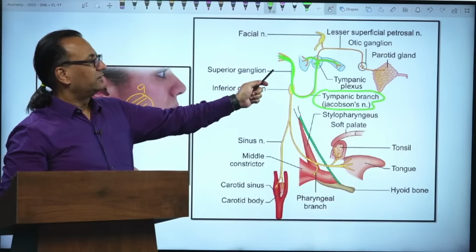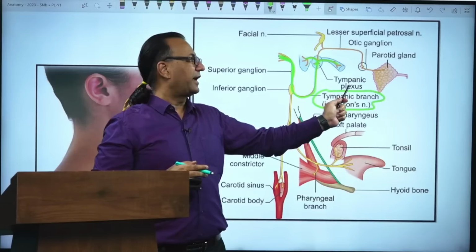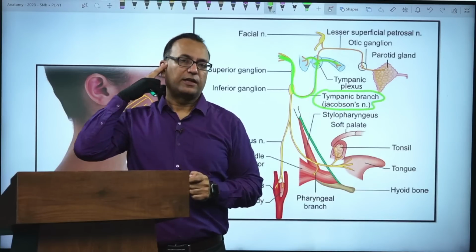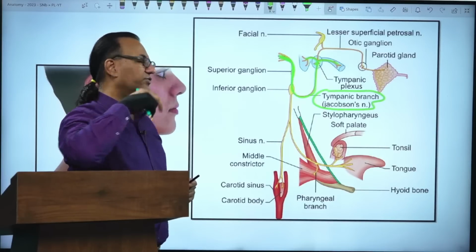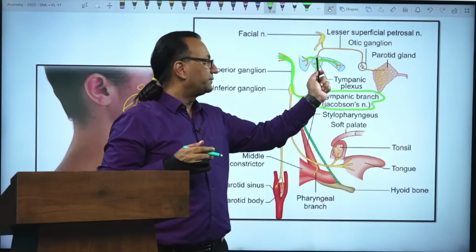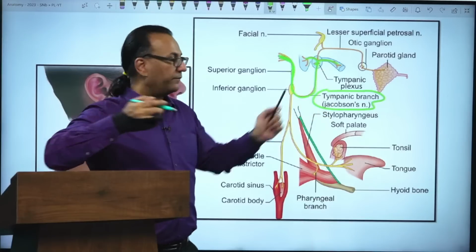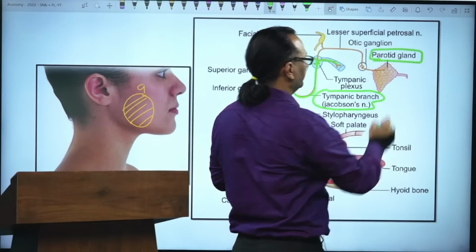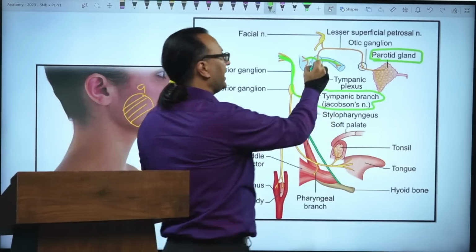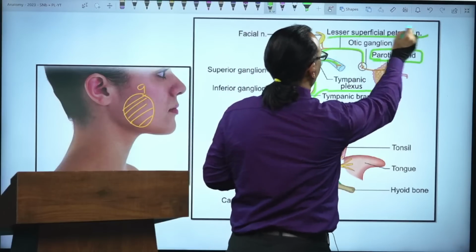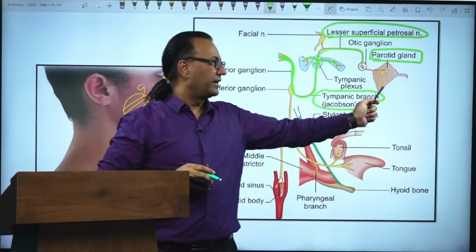Plus it also carries secretomotor fibers towards the parotid salivary gland. So the tympanic branch, which later will be renamed as the lesser petrosal nerve, is carrying preganglionic fibers towards the parotid gland.